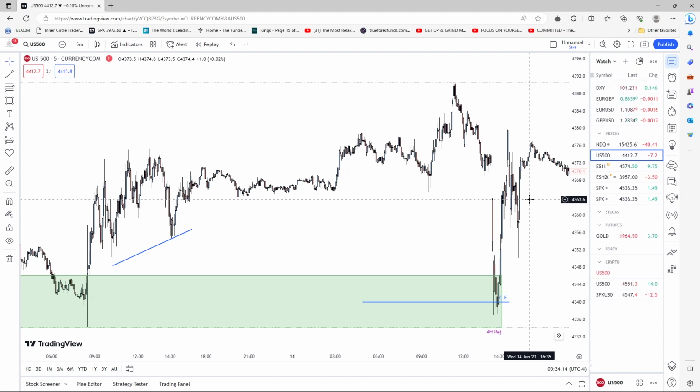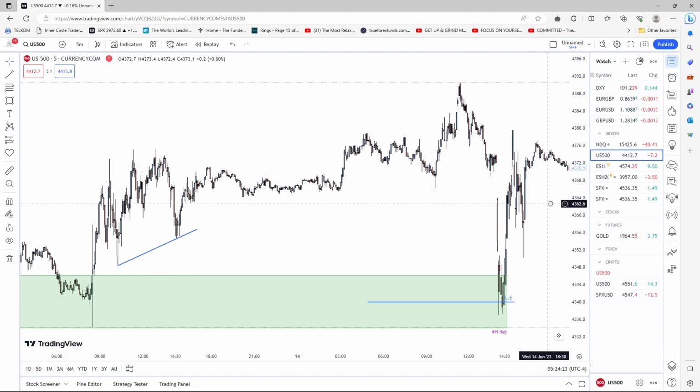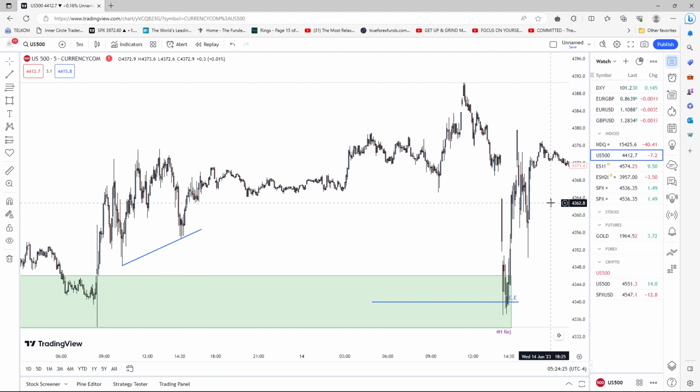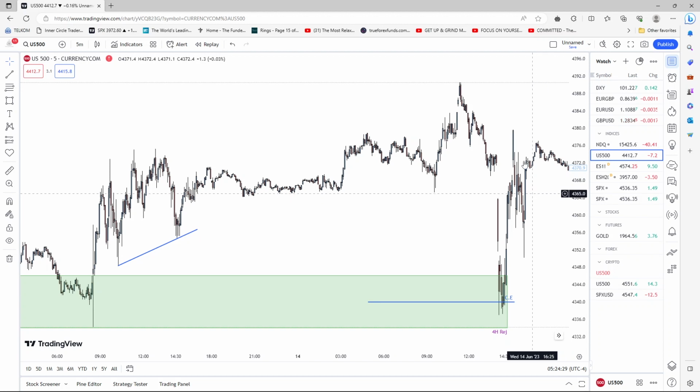So if you do trade against the higher time frame trend specifically, just be sure to cut down your risk. Be aware that you're trading against the trend, and you have to journal those trades and see what types of returns, what types of data you get by trading like that.